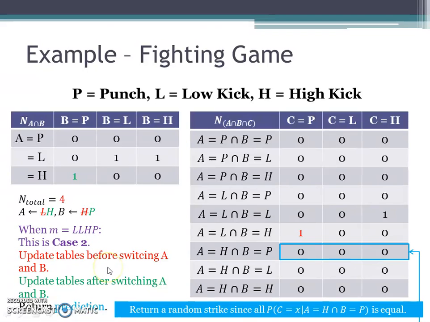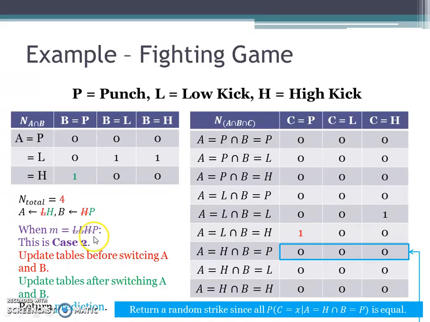So what do we update? We update not only the N total, we also update this table. And what really happens here is we are given the fact that A is L and B is H. So when the next strike is P, that will increase the frequency for N, where A is L, B is H, and C is P. So therefore this is incremented by 1.